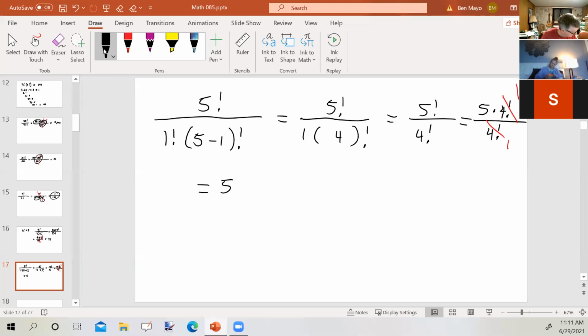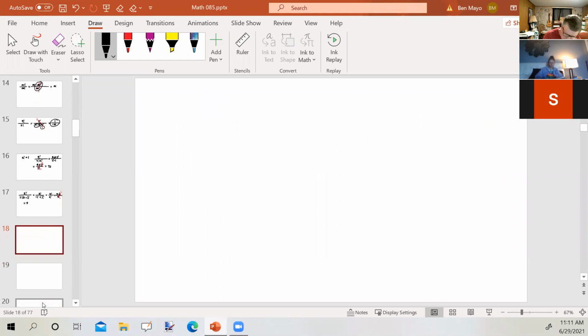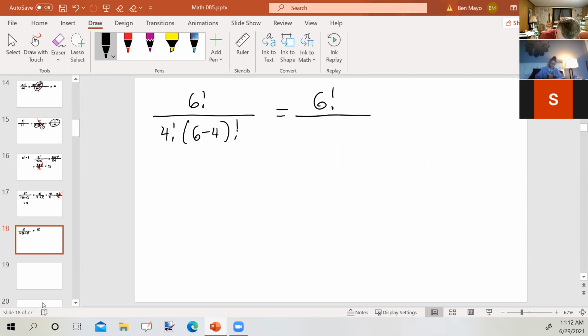Okay, let's take a look at this one. 6 factorial over 4 factorial times 6 minus 4 factorial. That's 6 factorial over 4 factorial times, let's see, 6 minus 4 is 2 factorial, all right?